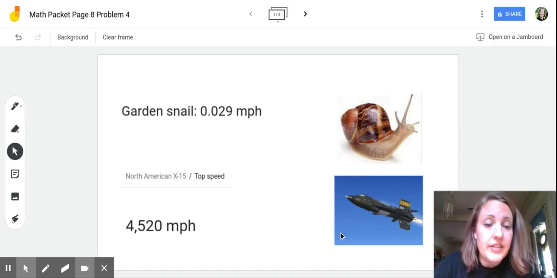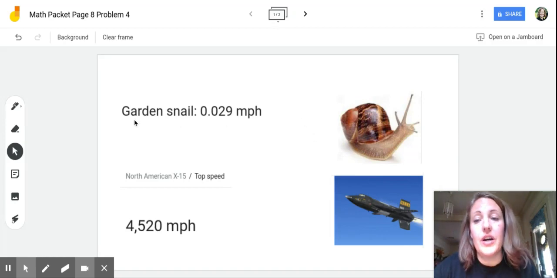The X-15, I have never seen one of these in person. I think my kids did when the air show was here. I'm not sure if this was one of those, but it's really, really fast, right? Snails are really slow. You get that concept. So a garden snail, and I got this statistic just from Google, its rate of travel is about 29 thousandths of a mile every hour.